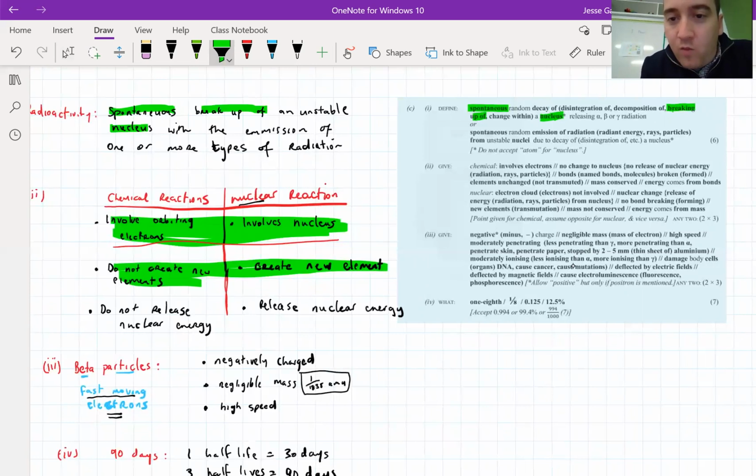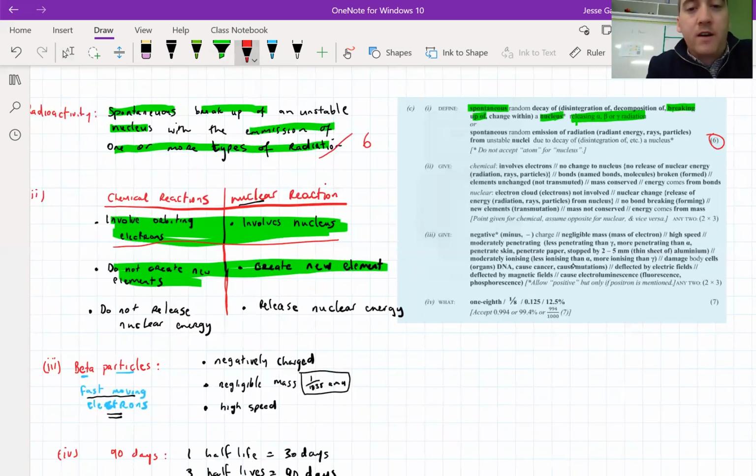And then releasing, and then it's given specific types of radiation, alpha, beta, gamma, but that's not in bold. It doesn't have to be said like that. We have said with the emission of 1 or more types of radiation. So that's fine. Okay, so this was 6 marks. So we're getting our 6 marks there.